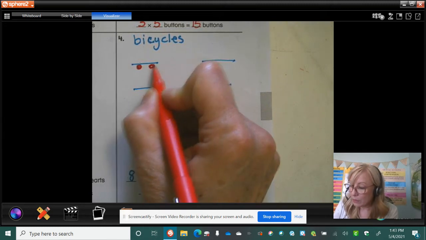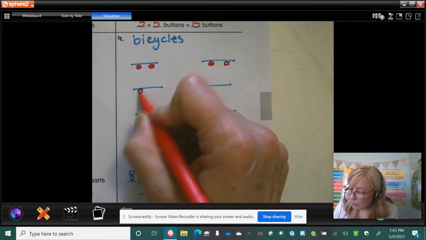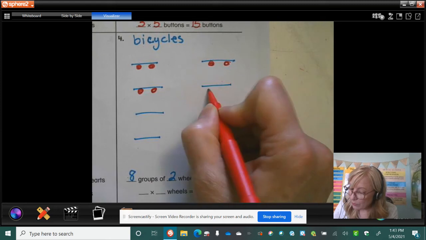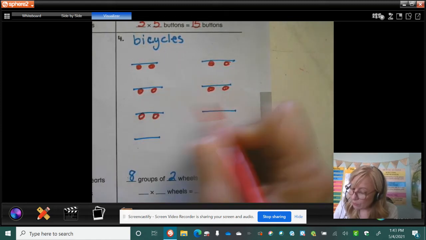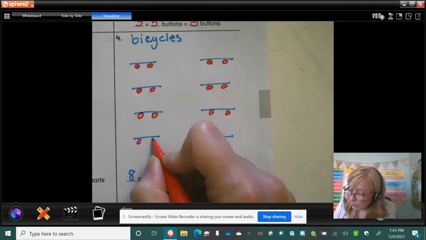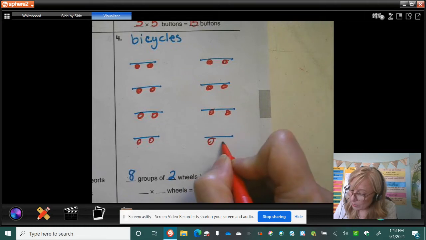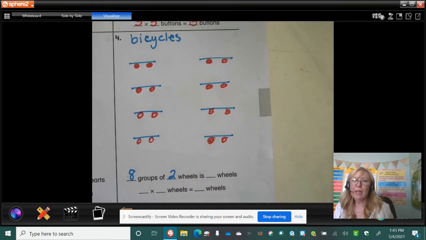1, 2. 1, 2. 1, 2. Okay, my wheels are on, and I'm pretty good at counting by twos, so I think I'm going to count by twos this time.